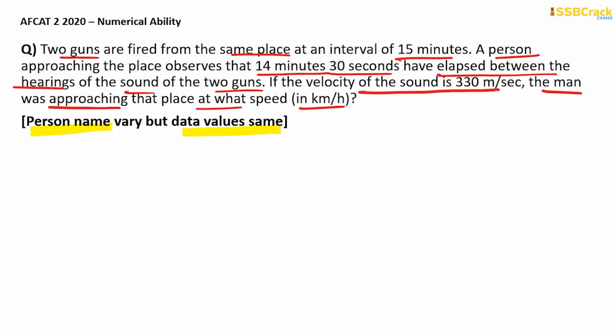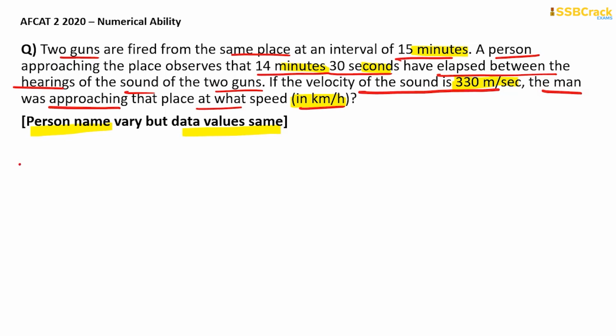The initial times are mentioned in minutes and then minutes and seconds, so we shall convert the minutes into seconds, so that we can use the speed of 330 meters per second to calculate distance in meters. But when we calculate the speed of the man in meters per second, you have to convert it into kilometers per hour to check the correct final option.